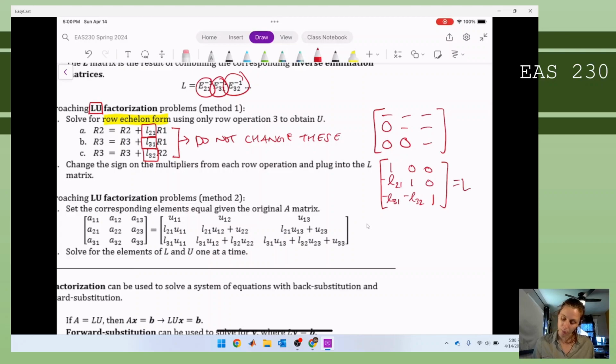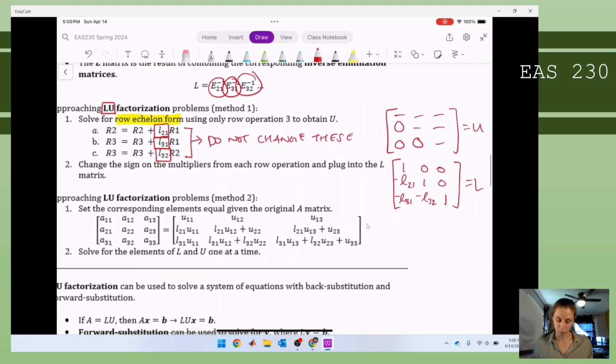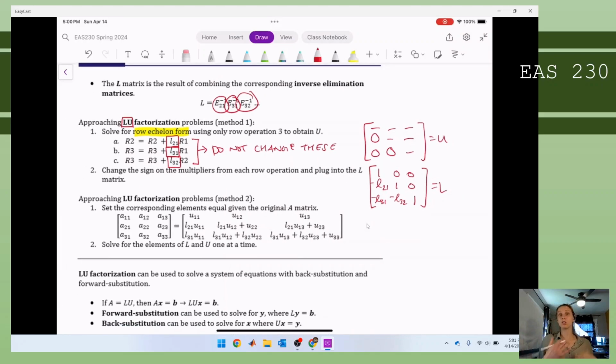This becomes my L. And there's my U in REF. So essentially, we're doing Gauss elimination, except we're doing it with the same 3 row operations every single time. Okay, so don't get creative, don't get crafty. These are your 3 row operations all the time.